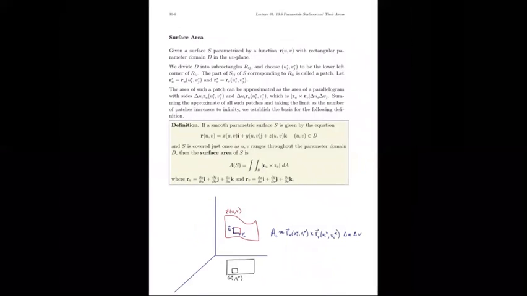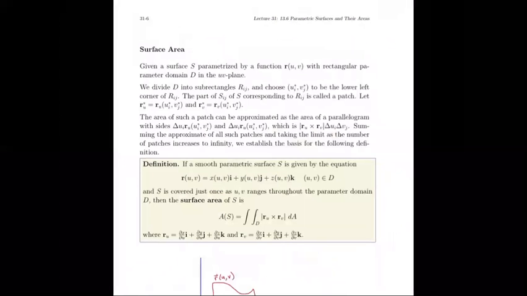Now, surface area, and this is sort of the main point of this section, is to calculate the area of one of these surfaces. So if we're given a surface S that's parameterized by some function r of parameters u and v, and u and v have some rectangular domain D in the uv plane, we'll just assume that its domain is rectangular for the purposes of this section to simplify our consideration and derivation of this formula.